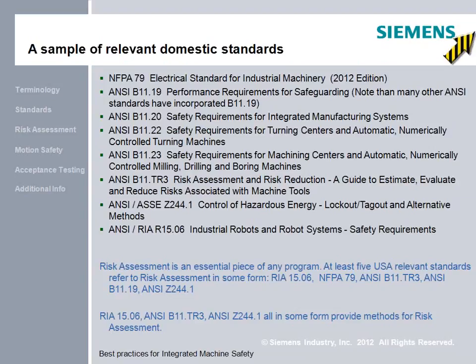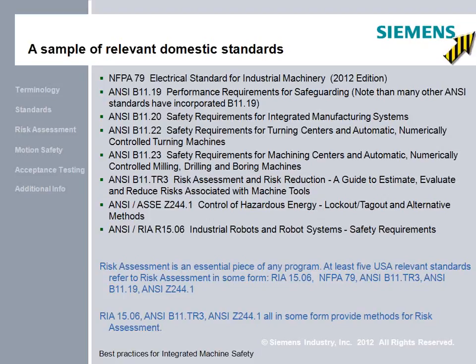So let's look just a bit deeper into some domestic USA standards. NFPA 79 has just been revised and was published just recently. It's the 2012 edition. No major changes from the previous version, 2007, in regards to functional safety.